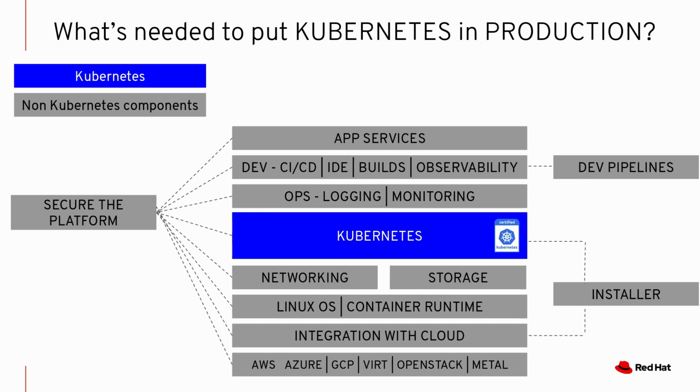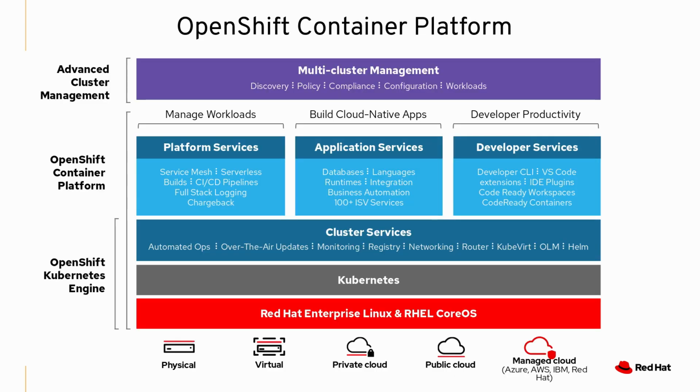So you need to implement security across all the layers, starting from the operating system where your containers will be running, up to the application containers, where you need to make sure that your code is secure and there are no vulnerabilities that can be used by any attackers. And in OpenShift, we put together all those layers, all those components, and we give you a fully operational car, so the container platform.